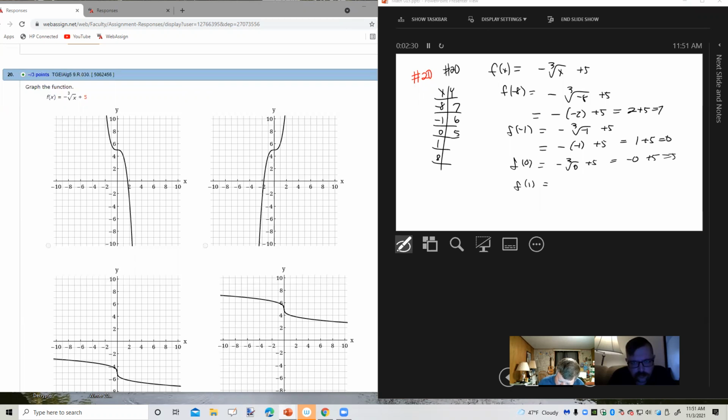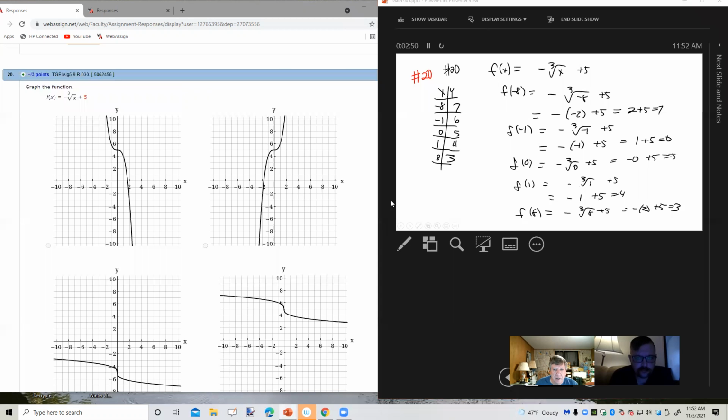F of 1 is negative the cube root of 1 plus 5, which is -1 plus 5, or 4. F of 8 is negative the cube root of 8 plus 5, which is -2 plus 5, which is 3.